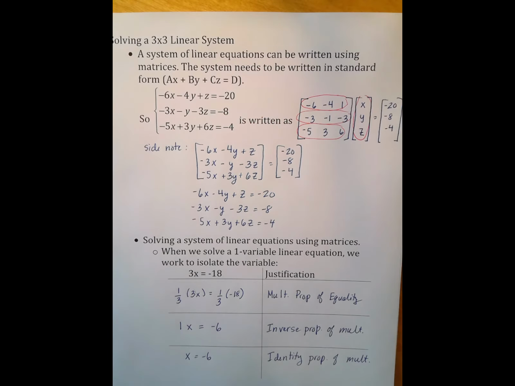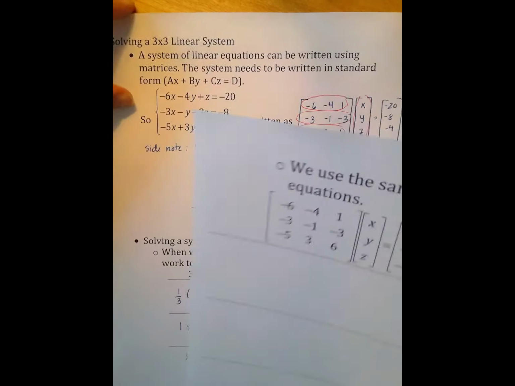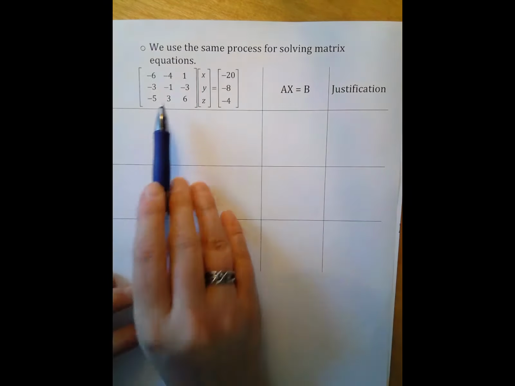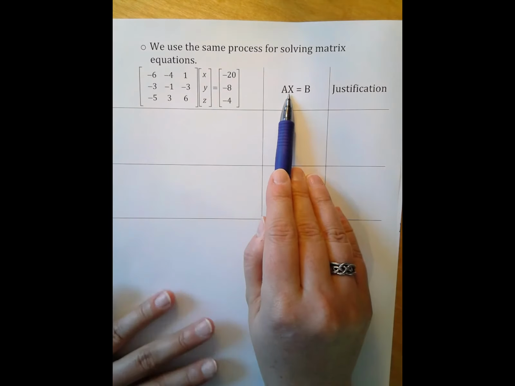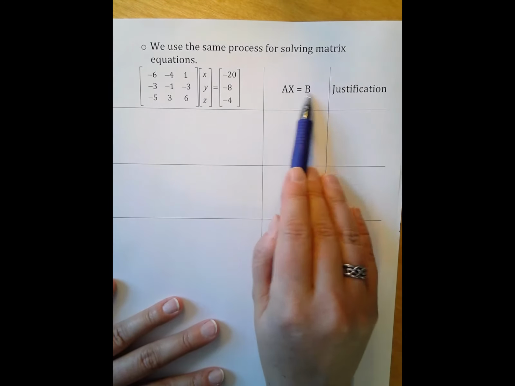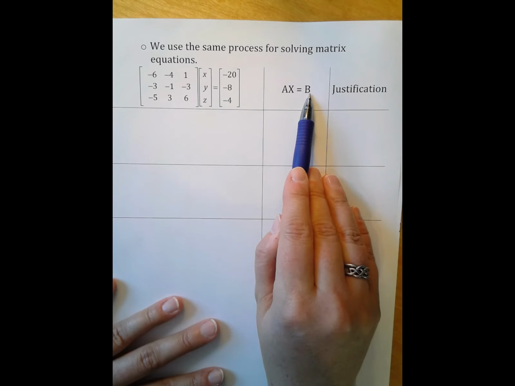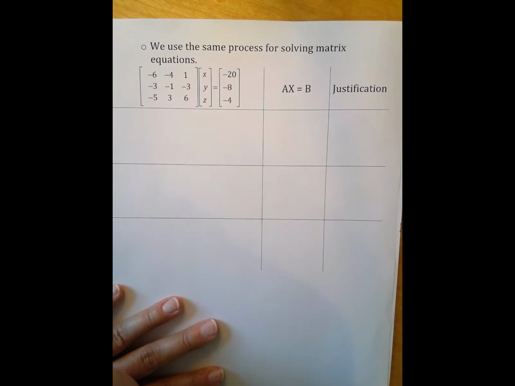So let's look at how that works when I am talking about matrices. We're going to look at the actual matrix, but we're also going to look at how it's represented using this idea of the coefficient matrix times the variable matrix equals the constant matrix, and the justification for each.